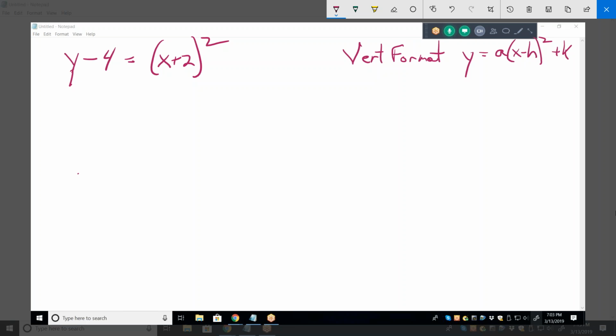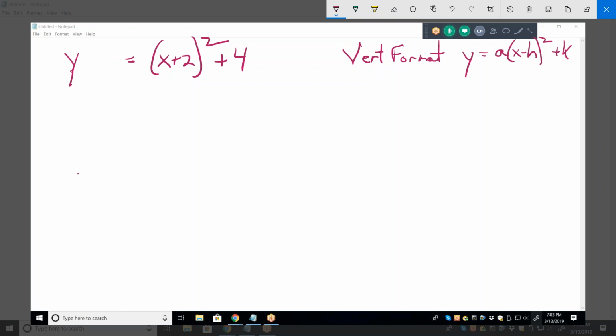Vertex format is another format, and if they give us a problem with intercept format, we'll talk about it. But this is very close to vertex format. I only have to do one thing to get this in vertex format, which is what? Plus 4. Yeah, let's put that 4 on the other side. Now it's in vertex format.